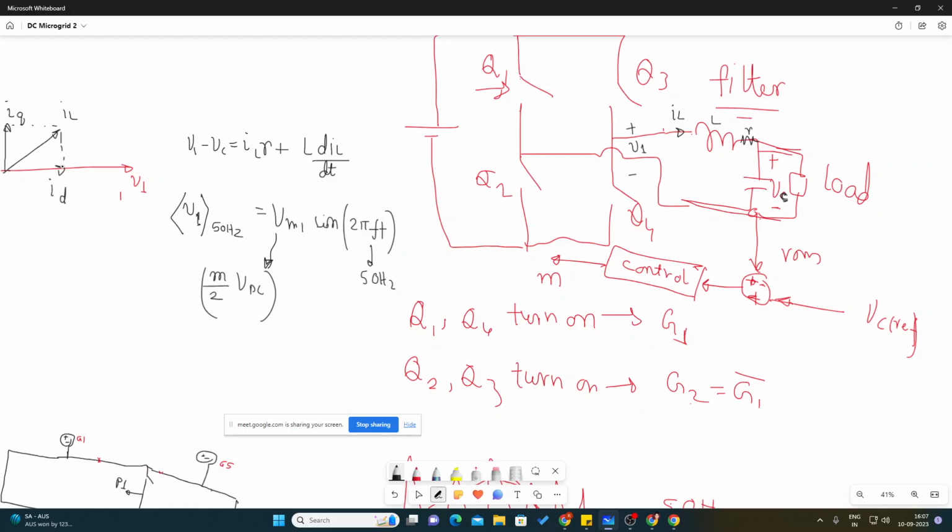Clear? So the in-phase component with the inverter voltage we will consider to be the direct component, and the out-of-phase component will be considered the quadrature component. Clear or not? Any doubt?